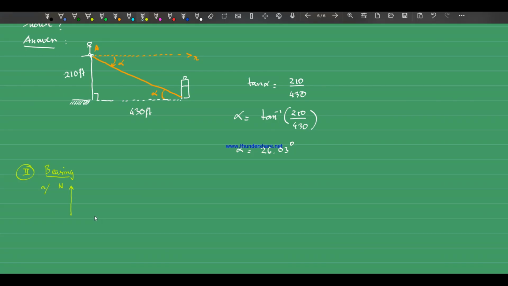Okay, and it's always measured clockwise. So it's always go like this, always go like this. But the reference direction is the north.